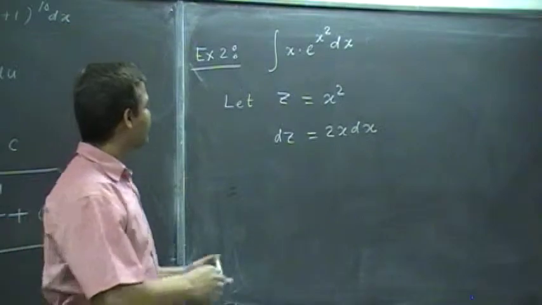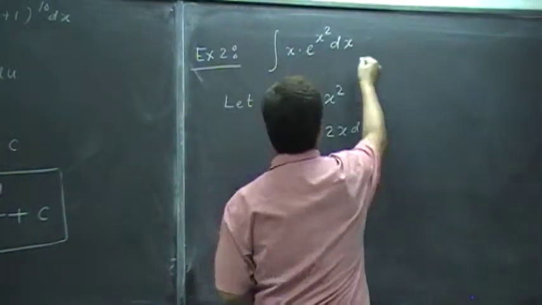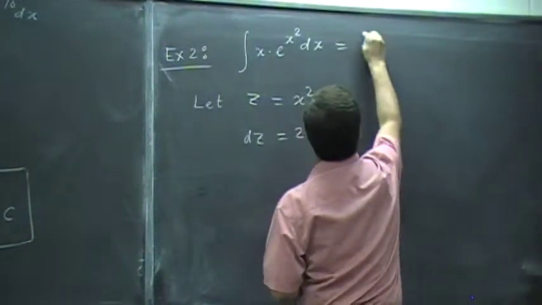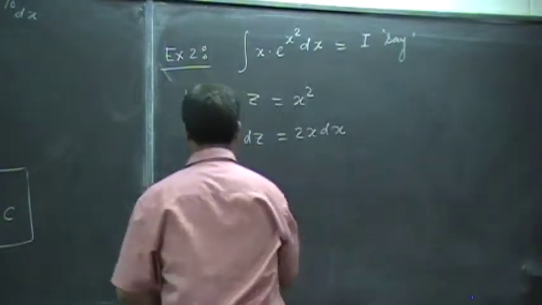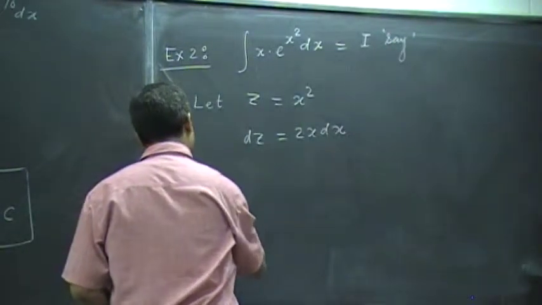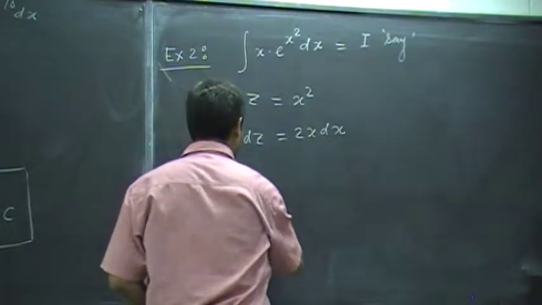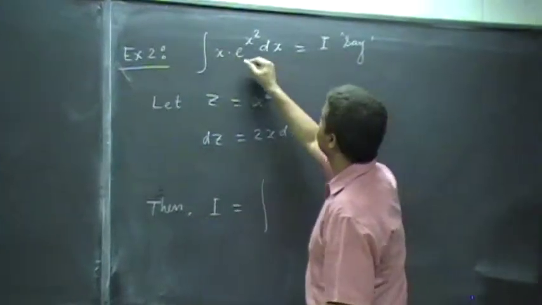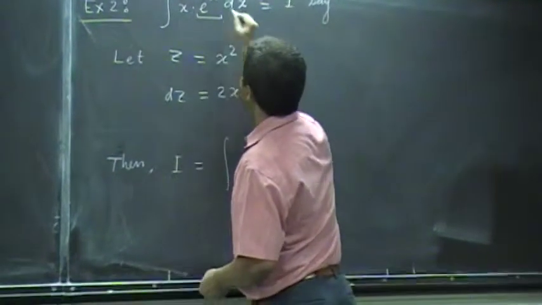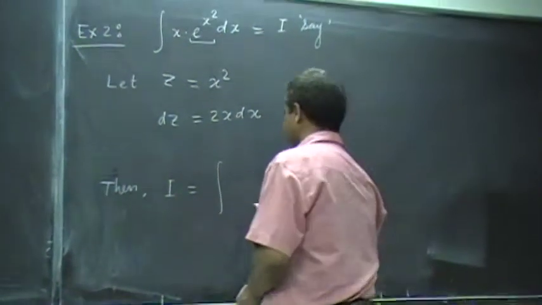Then let me say this is integral I. Then I equals the integral, and this quantity is e to the z, right?